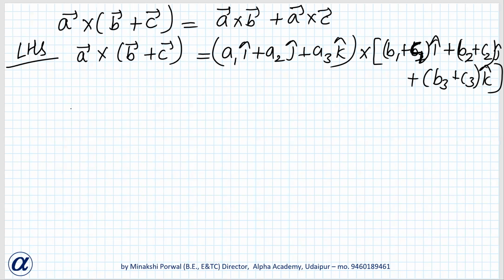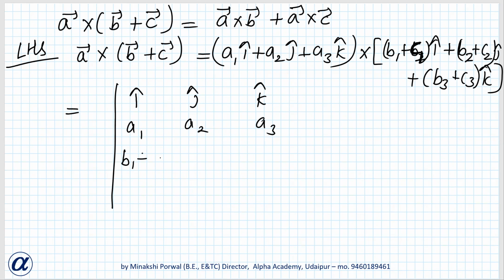Okay. Now for finding the cross product, we'll write this way: determinant IJK, A1, A2, A3 and B1 + C1, B2 + C2 and B3 + C3.